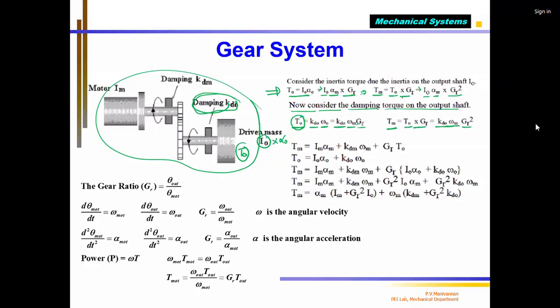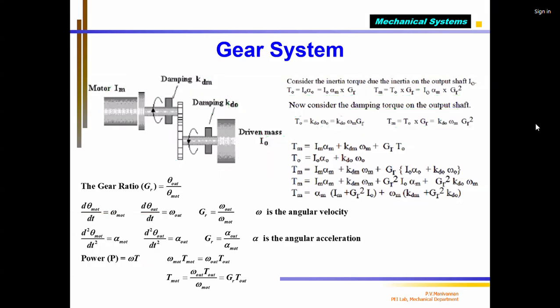Now that we have individually found these, we can write the total equation. Who is generating torque? The motor. That is my input. Correct? Input is the torque developed by the motor. That is given as input to the gear and finally it goes to the load.